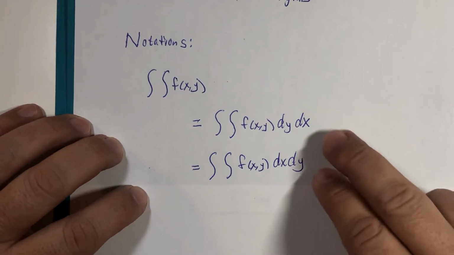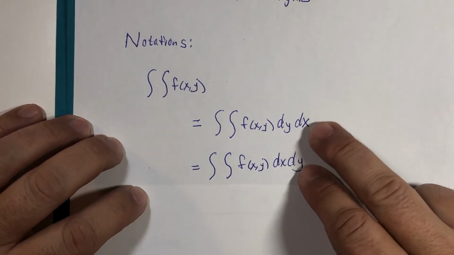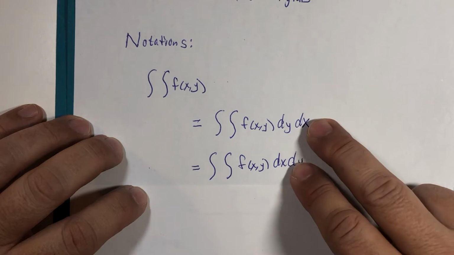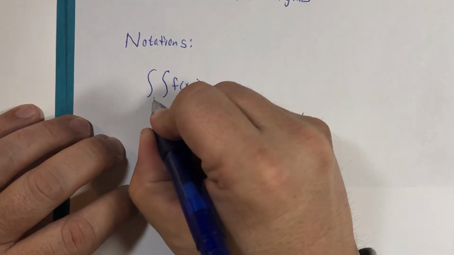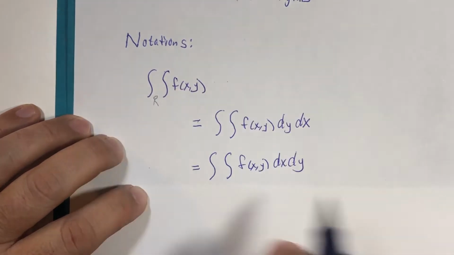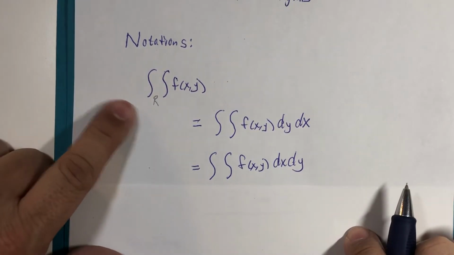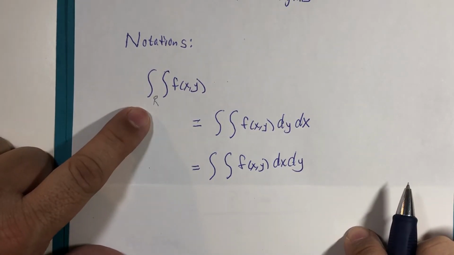And the ability to interchange between these two means that the region of integration, denoted by this capital R, has to be the same region.